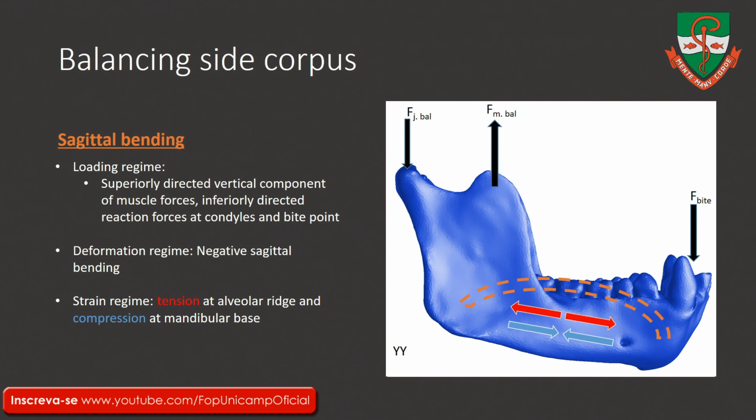The superiorly directed vertical components of the jaw elevator muscles, and the inferiorly directed reaction forces at the condyle and at the bite, should result in negative sagittal bending. We then expect to find tensile strains at the alveolar ridge and compressive strains at the mandibular base.